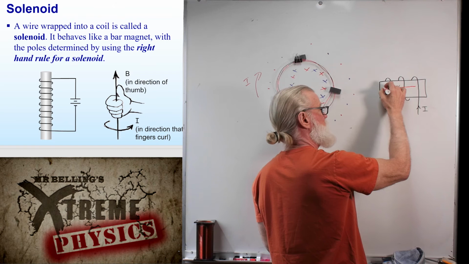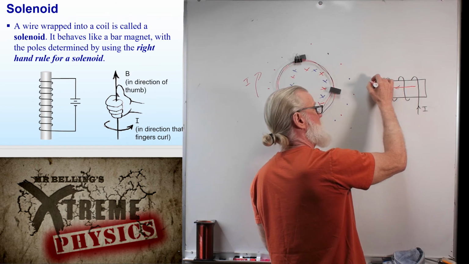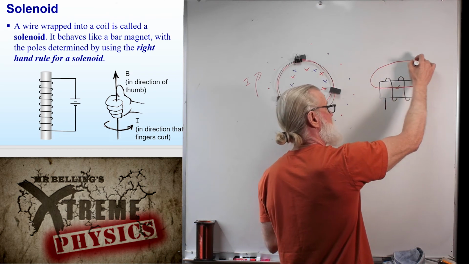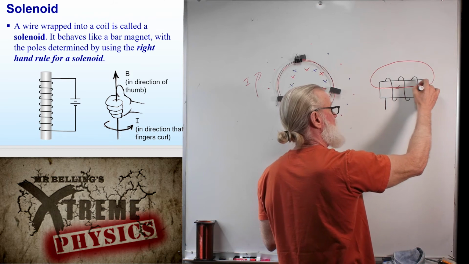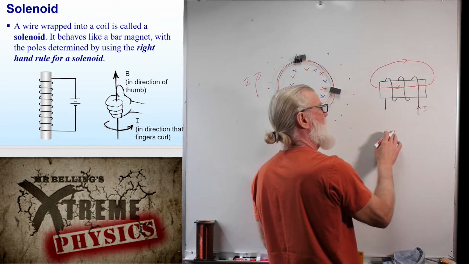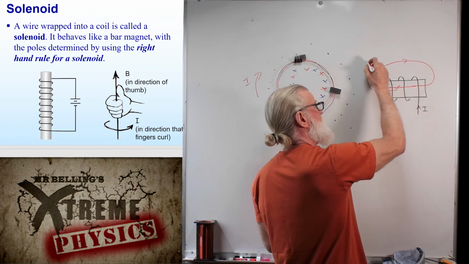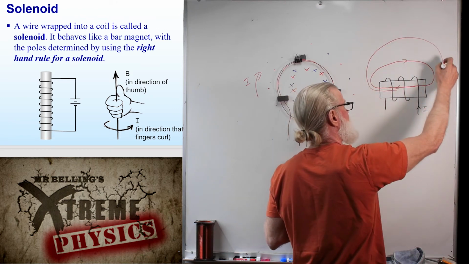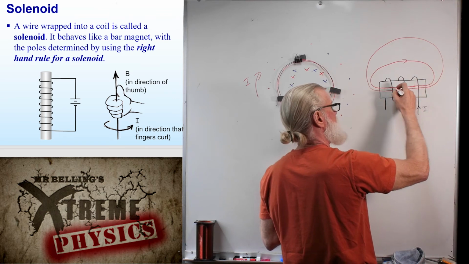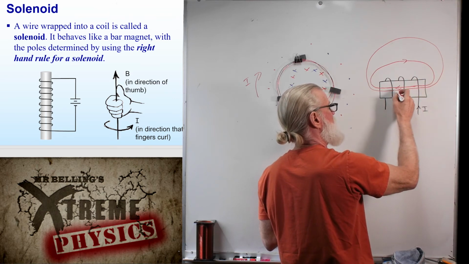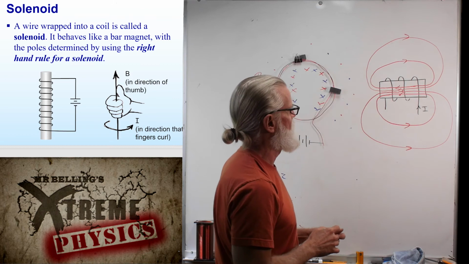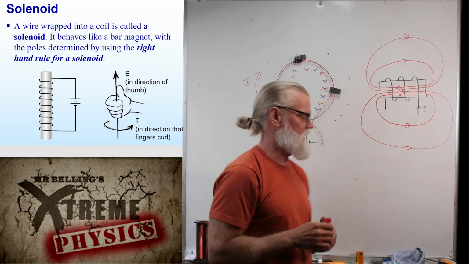Now, of course, it's going to form closed loops. So it's going to come out, circle around and come back, right? It's going to be that way here. And if I do another one, it'll go like this. So this ends up looking like a bar magnet, right? So there you go. That's what the field would look like in that solenoid.